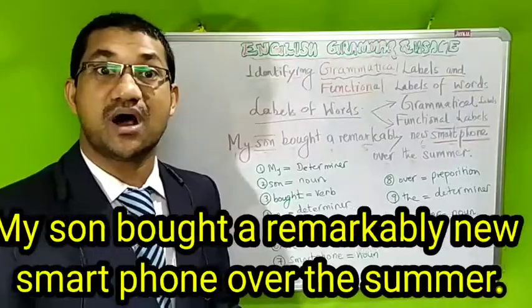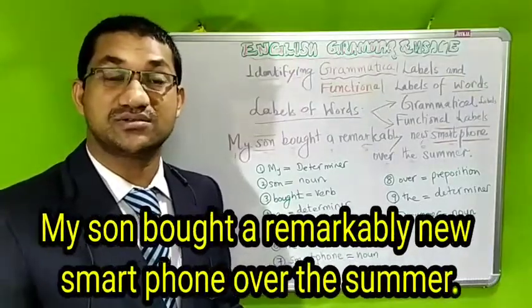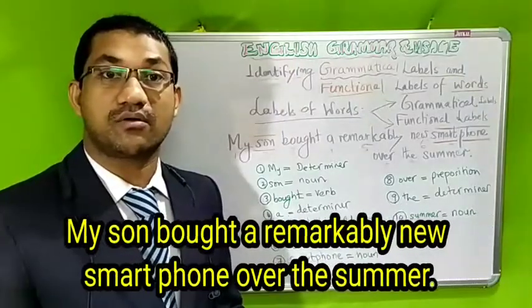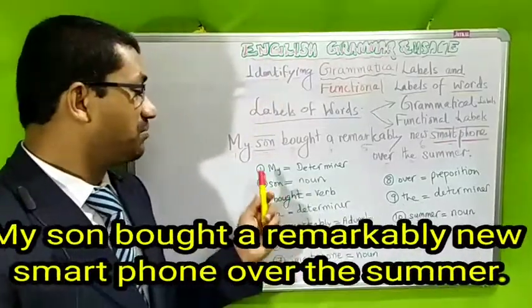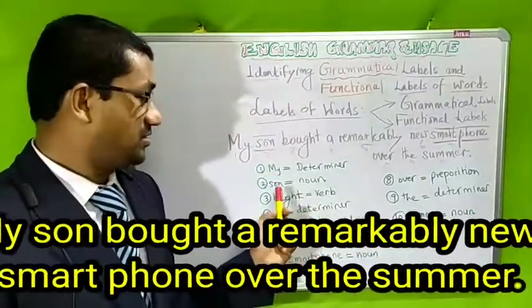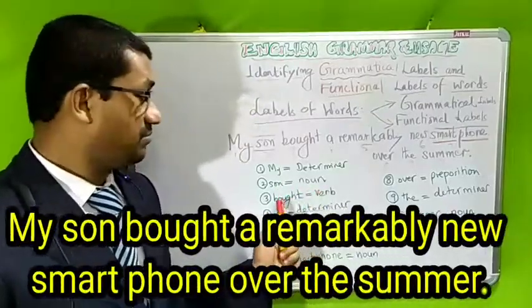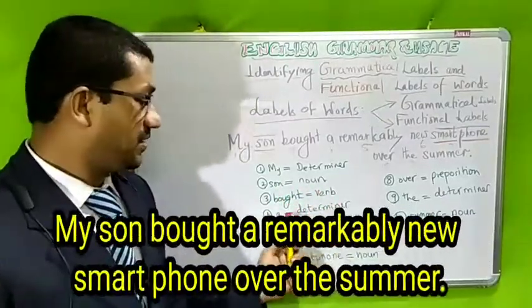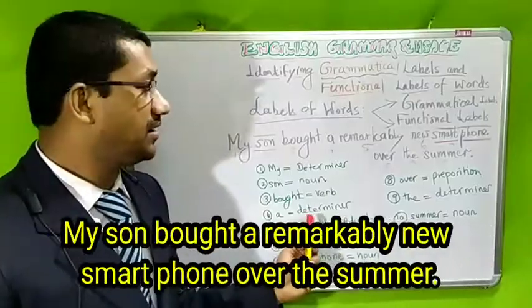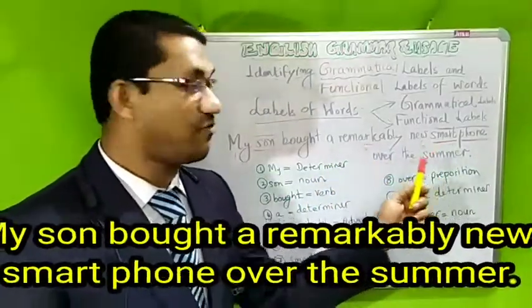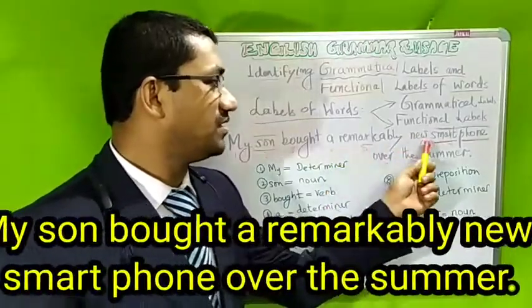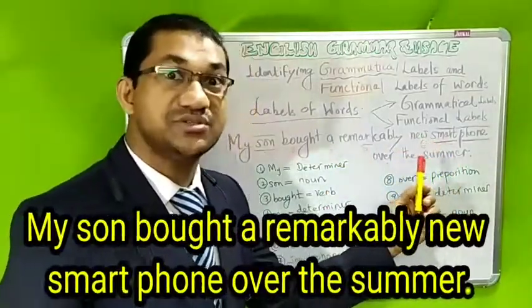So determiners are small words or phrases or affixes that go with a noun, right? So "my" is a determiner, "son" is a noun, "bought" is a verb, "a" is again a determiner because in "a remarkably new smartphone", "a" is part of the smartphone, a smartphone, right?